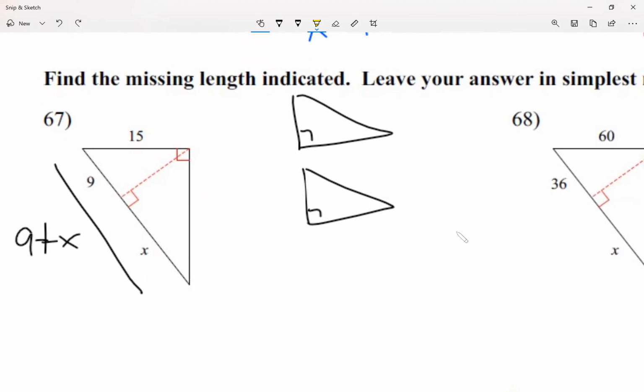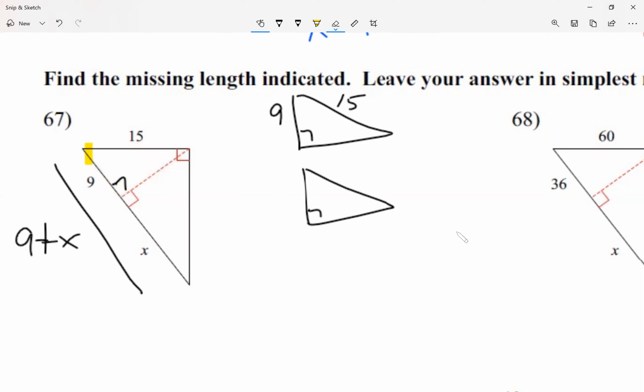So if I look at this small triangle, the 90-degree angles are this corner. I know one side is 9, the other side is 15. I want to rotate it so it matches that. Okay, so I see the small side is 9 and the hypotenuse is 15. So I'll just leave it at that, 9, 15.